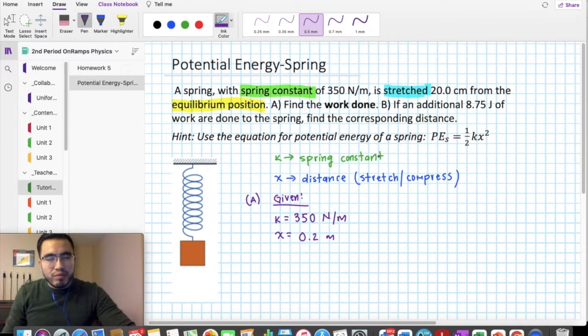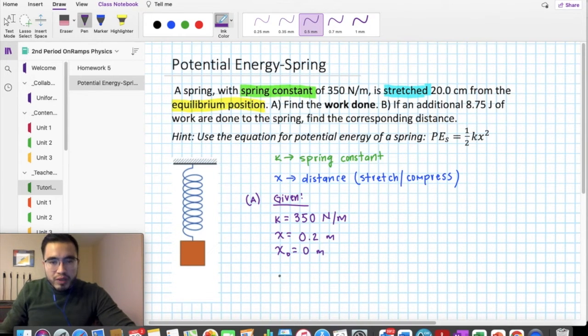Although we could solve this problem just by using these numbers, I really want to emphasize the fact that we have the equilibrium position as our starting position, because that will help us with question B. What it means is we're starting from equilibrium, and when we start from equilibrium of a spring, we assume the initial position to be 0 meters. Again, you'll see why this is helpful. Not yet, but you'll see. So again, anytime you are starting from the equilibrium position, that is x initial is 0 meters.